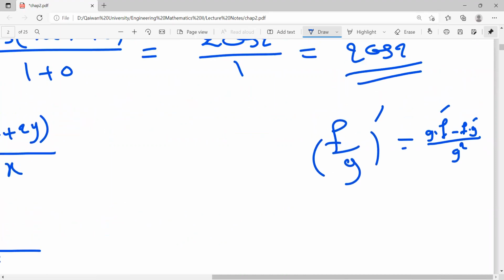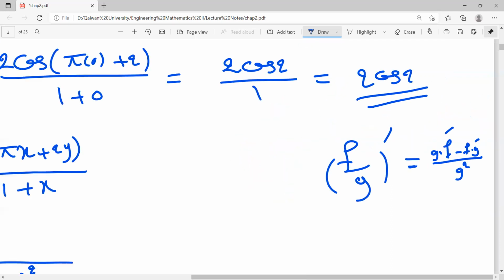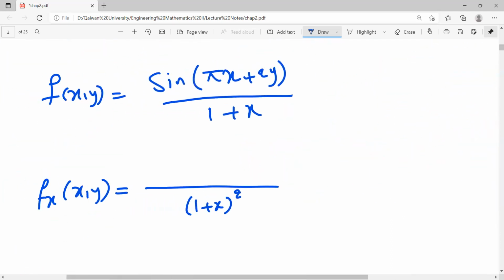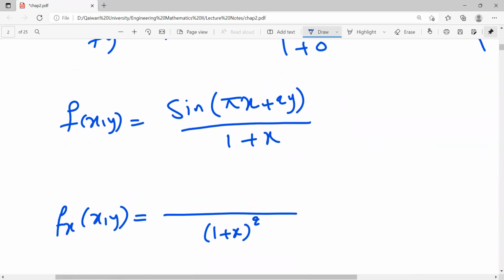Look, you should write down in the same order: denominator times derivative of the numerator, then minus numerator times derivative of the denominator, all dividing by denominator squared. Okay, you should write down in the same order. So this is the denominator squared, then denominator times derivative of the numerator. What's the denominator here? It's 1 plus x.